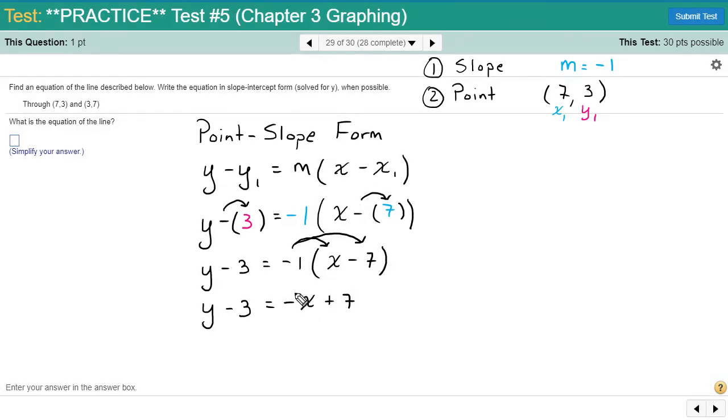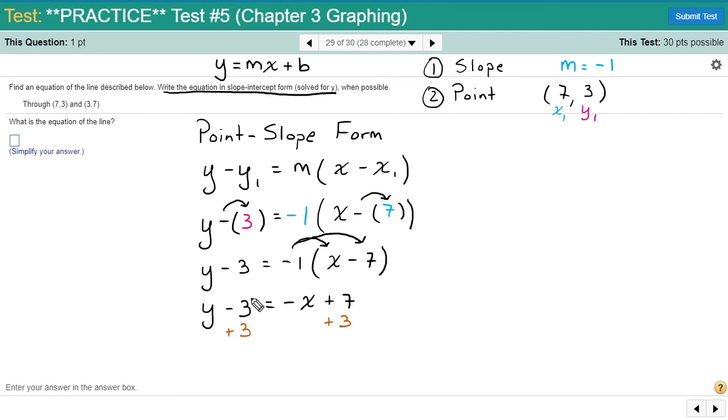And again, you have to always go back and look what form do they want us to write our final answer in. Write the equation in slope-intercept form, meaning solved for y. We want y equals mx plus b. Well, we're almost there. The only thing we need to do to isolate that variable y is to simply add the constant 3 to both sides.